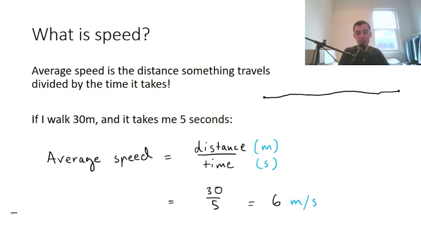I can change speed all the time, and my instantaneous speed is the speed at a particular time. But the average speed is overall, the average of all of the speeds that you are going. And that's found by distance divided by time. And usually we say distance in meters, time in seconds, and speed in meters per second.